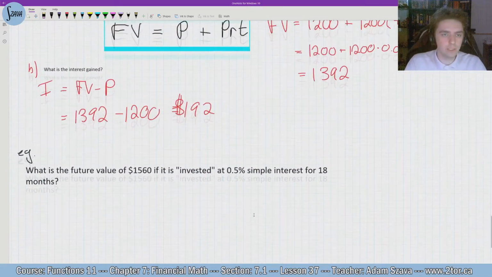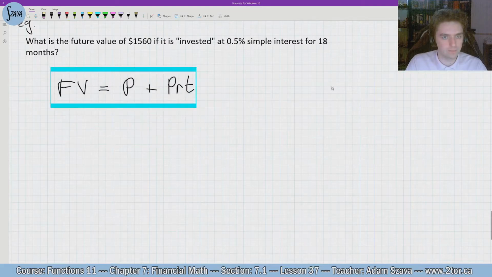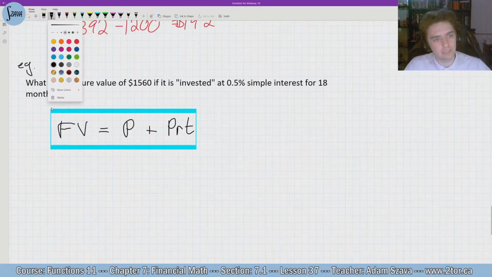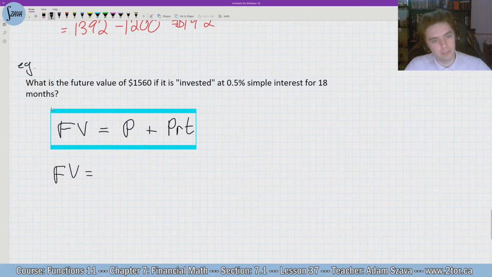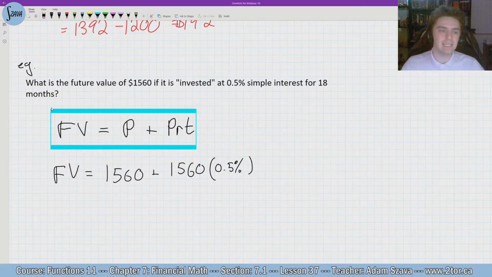So we just use this formula. The process doesn't really change here, right? That's the future value. So if we try to calculate it, let's see what's going to happen. The future value is equal to the principal, 1,560, plus 1,560 times 0.5%, which will turn into a decimal in a second, and then 18 months.